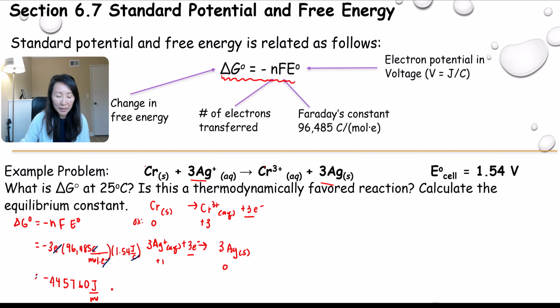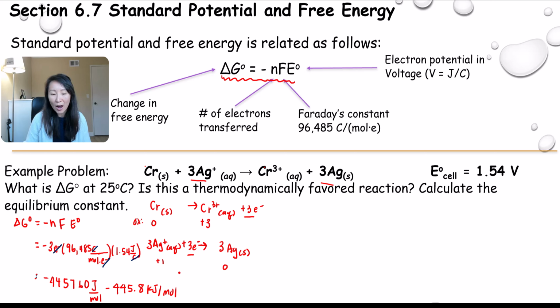Now we can put this in kilojoules, and it will be approximately negative 445.8 kilojoules per mole. Either way would work. I'm just putting a rough estimate in here, not all of the values, nor any particular sig figs.